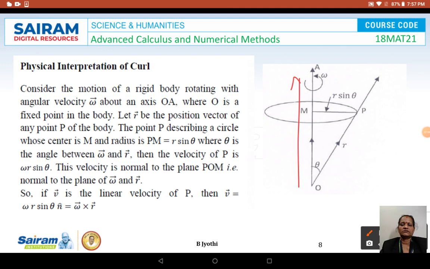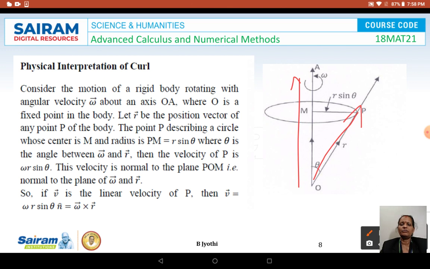The rigid body is rotating with the angular velocity omega about the axis OA in this direction, where O is the fixed point of the body, and let R be the position vector of any point P of the body. This is the position vector R.